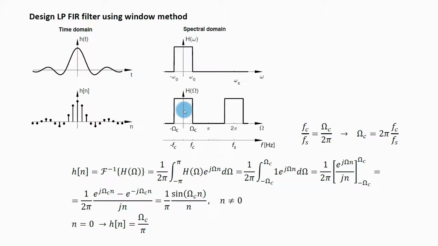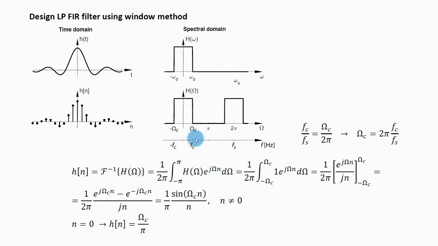You can start in this discrete time frequency domain and compute the inverse Fourier transform from here to get my discrete impulse response. The only thing you need to be aware of here is that you will be working with normalized frequencies. So to specify this corner frequency, I need to recompute it from frequency in Hertz. Typically when I design my filter, I think about my frequencies in Hertz.